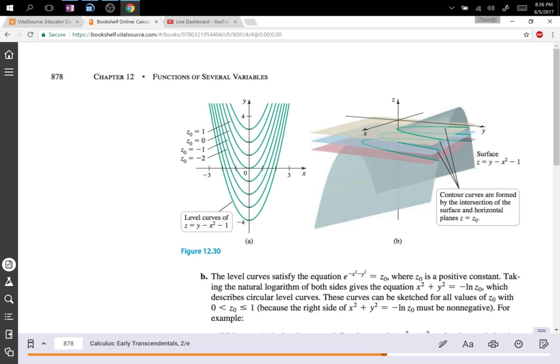It is, but it's not as steep as the sides are. You can see that from level curves. Along the edge, the level curves are far apart, whereas over here they are very close by.